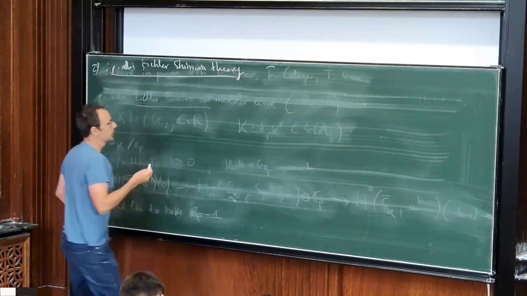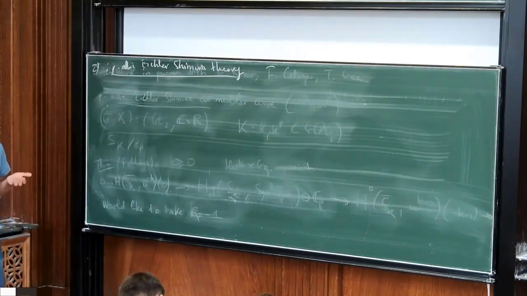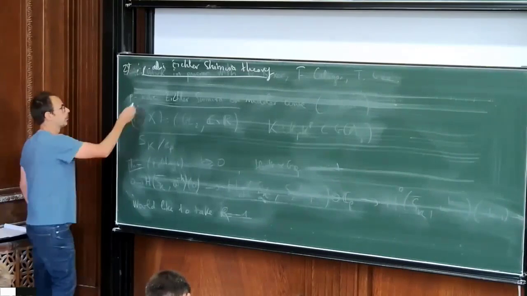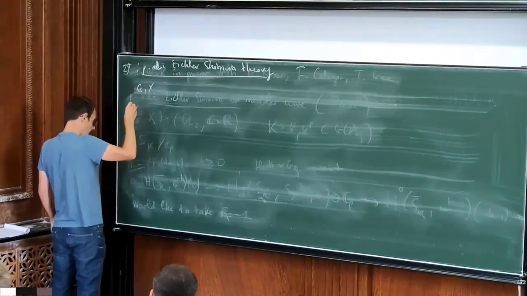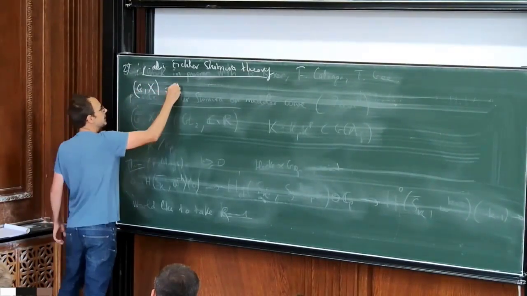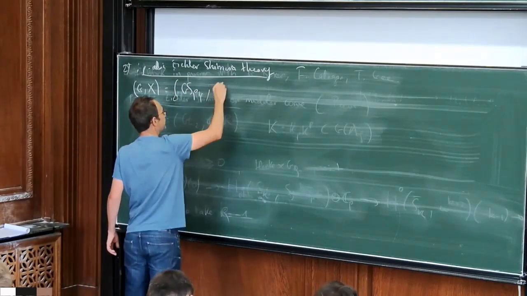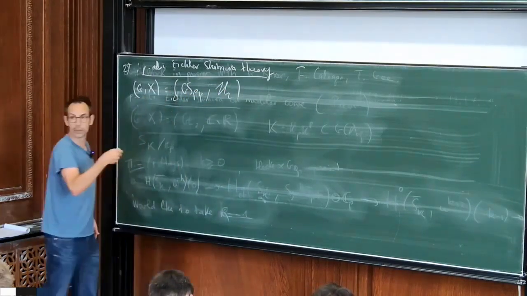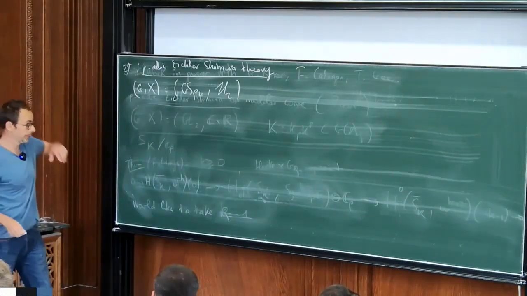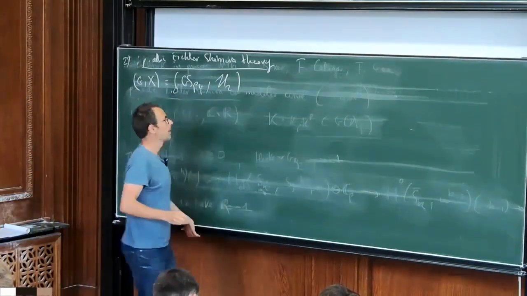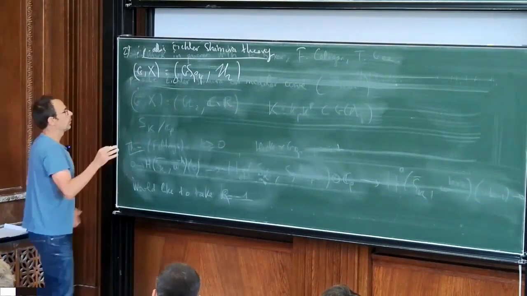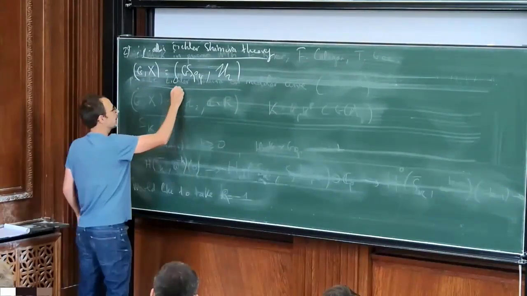But for this talk, I will focus on GSp4 because this is where we have an application. So for simplicity, let me assume that (G, X) is (GSp4, H2). So this is the Siegel-Shimura datum.